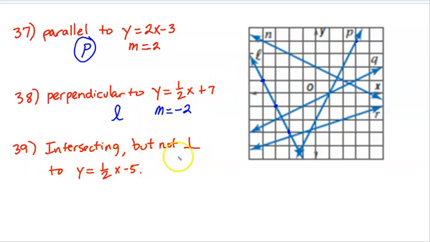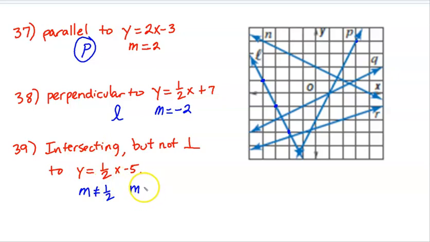And then for 39, we're looking for lines that intersect but are not perpendicular to y equals 1/2 x minus 5. In this case, we're looking for lines that do not have a slope of 1/2, because those would be parallel and would not intersect.